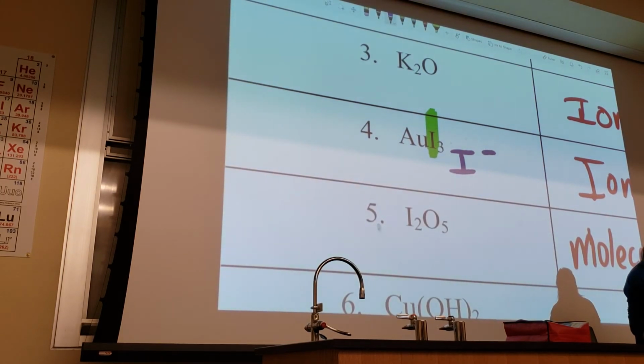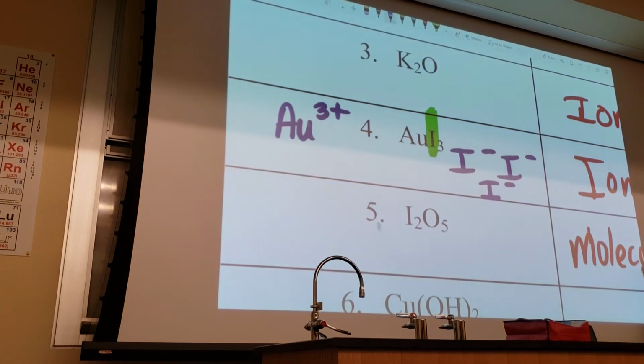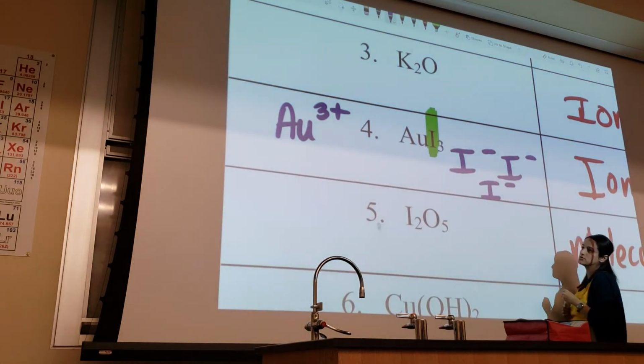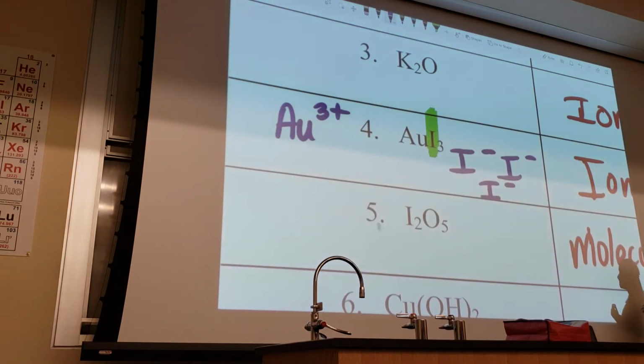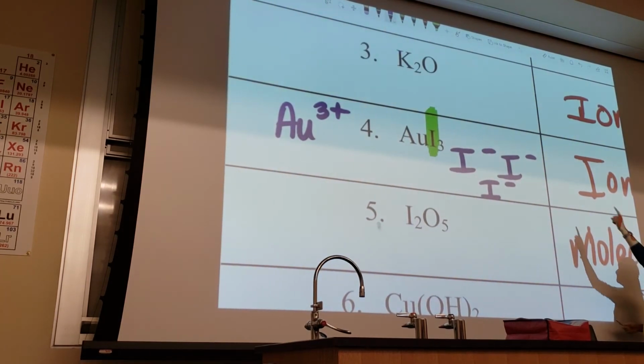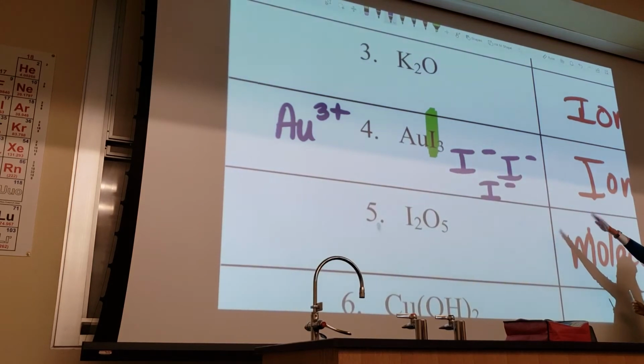So when you have 3 of these but only 1 gold, gold has to hold a charge of +3 to cancel out those 3 negative charges. So when I write this name, I have to say gold, and then in parentheses, Roman numeral 3, and then the iodine changes to iodide.